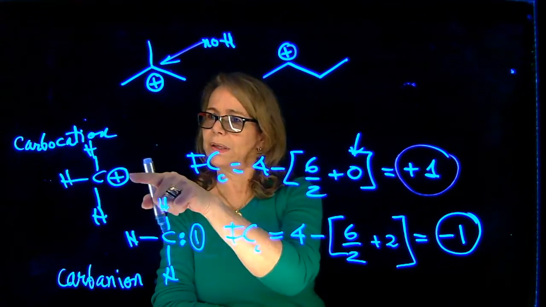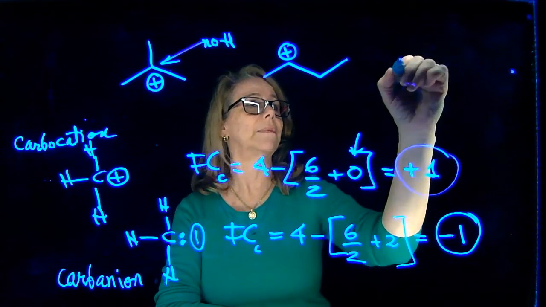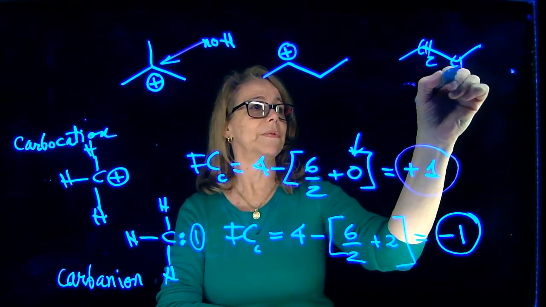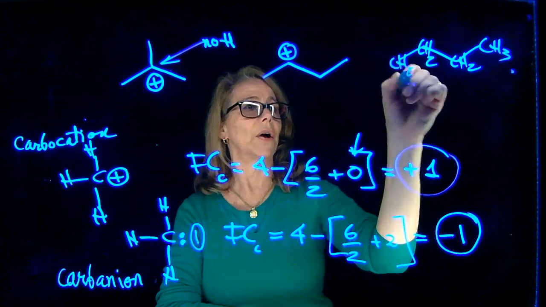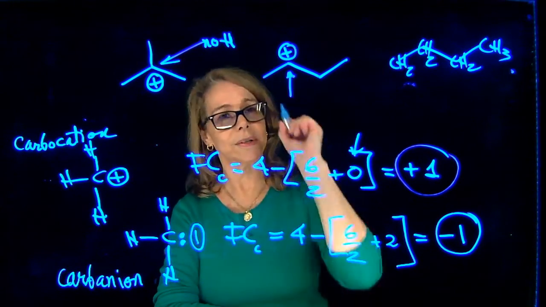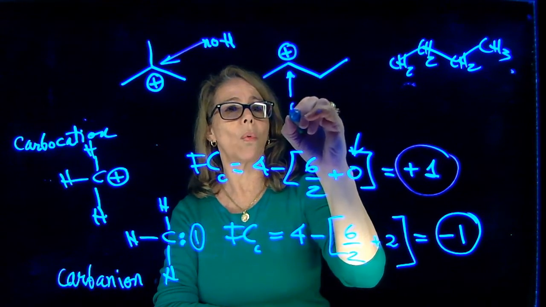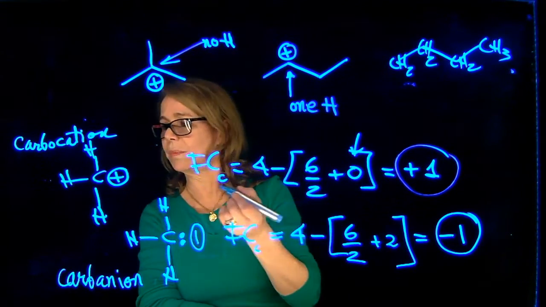Again, this pattern: if we have 3 bonds and we're missing an electron, instead of being a CH2, which is what you would normally have, CH2, CH3, CH3. Now this one is missing 1 bond, so here you will say we have only 1 hydrogen, right? So using the formal charges.